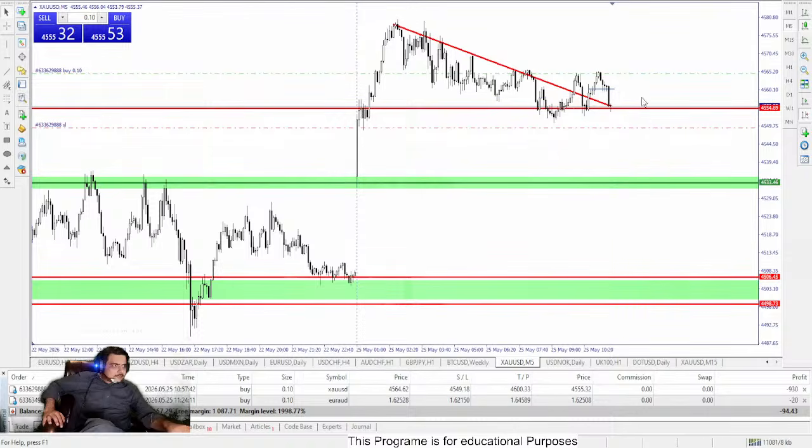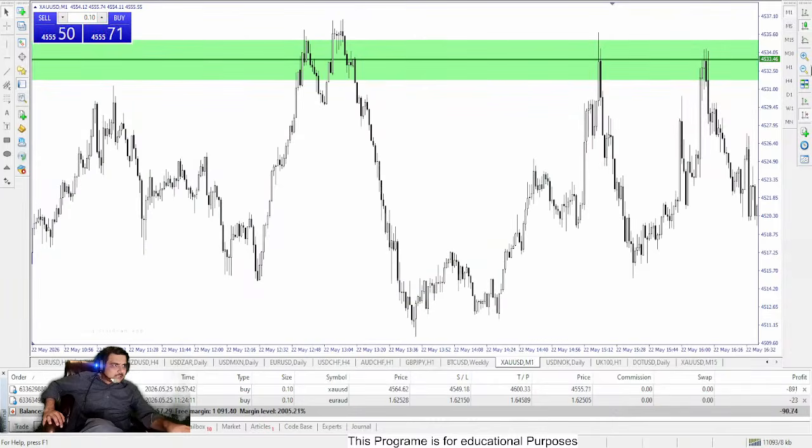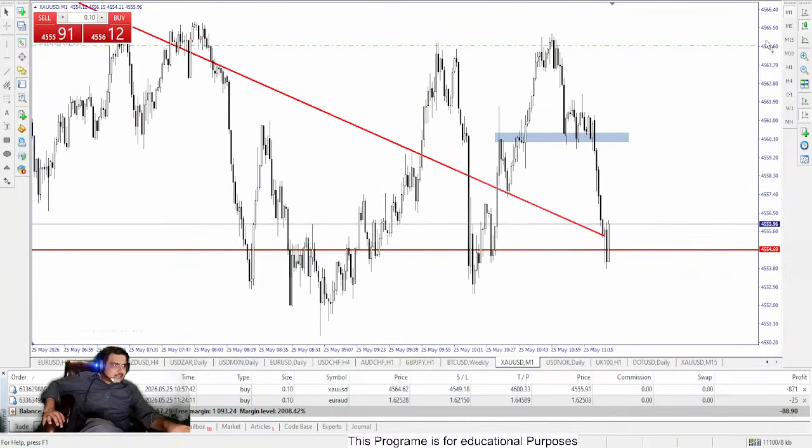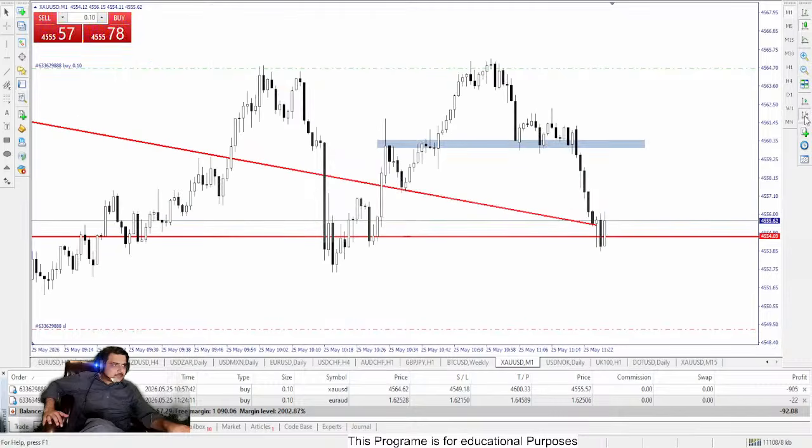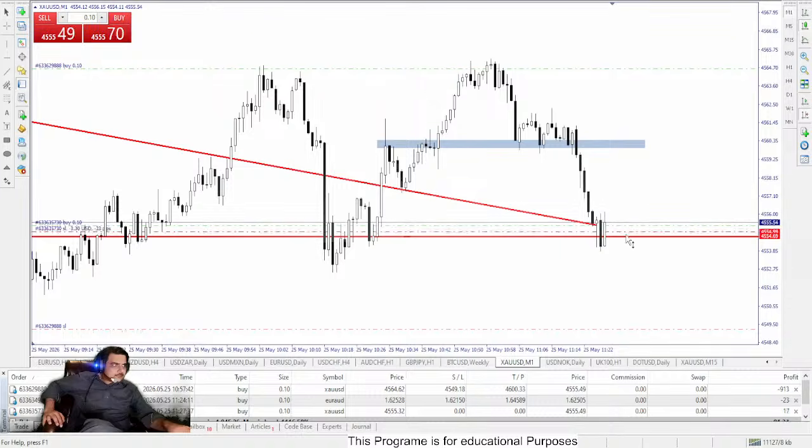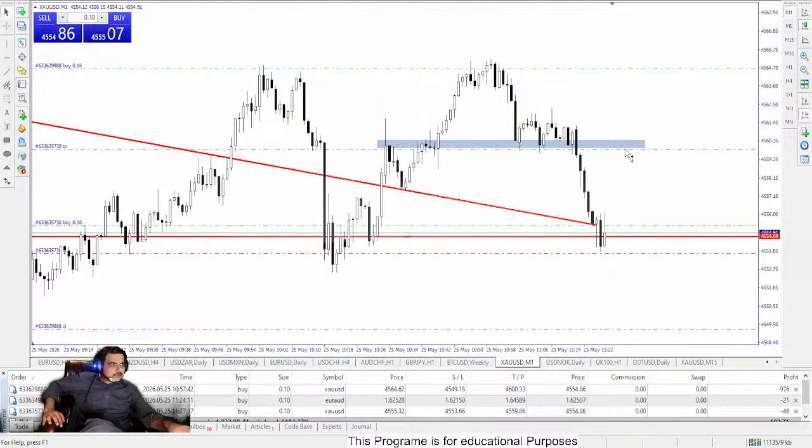Then it is fake or what? Bulls appeared, very good scalping opportunity right here. Another one may work, may not work.